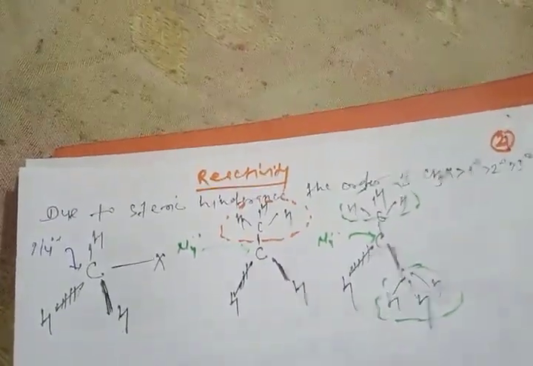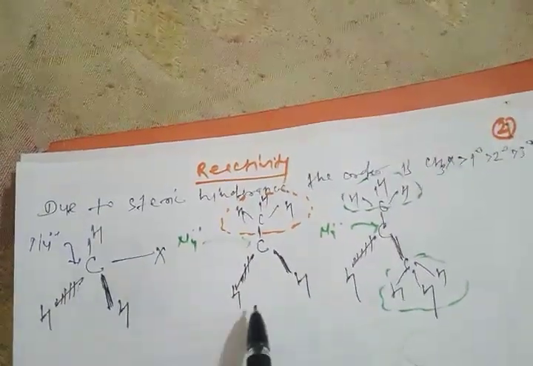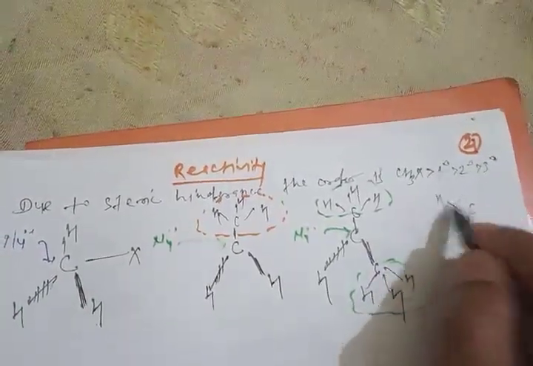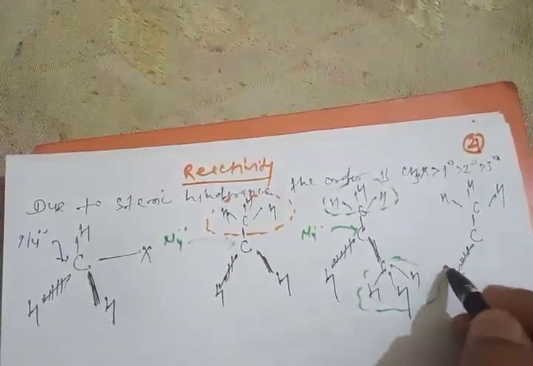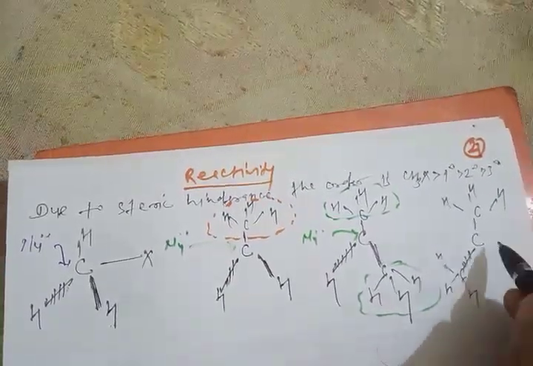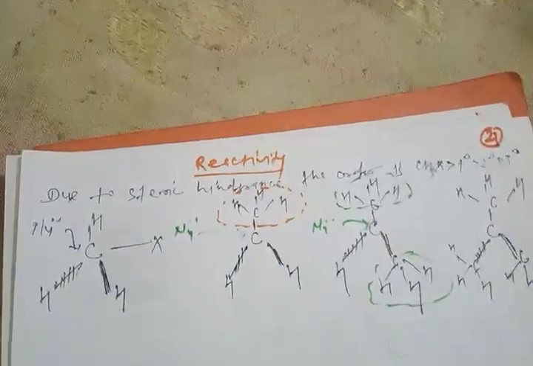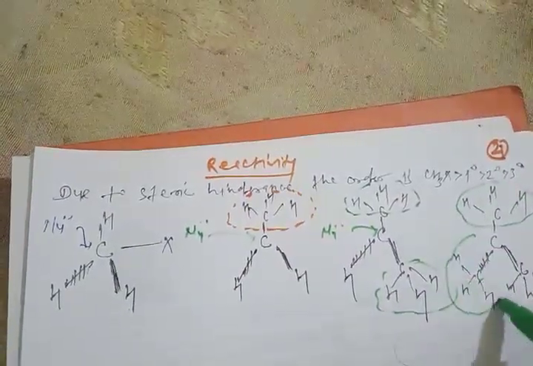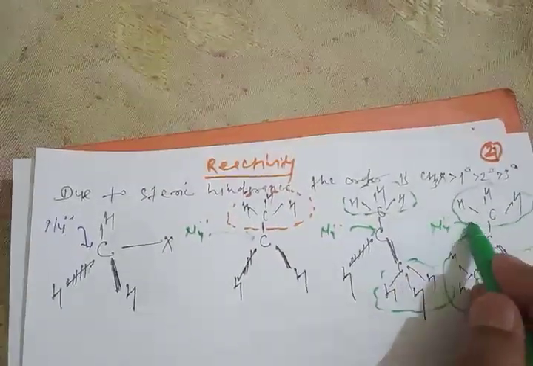So this is how the steric hindrance is increasing from CH3X to 1 degree to 2 degree, and then we have 3 degree. In the third degree we have three carbons each with hydrogen, hydrogen and hydrogen, and now the steric hindrance is from this one, this one and this one. So as you can see, now we have a problem with the attack of the nucleophile.